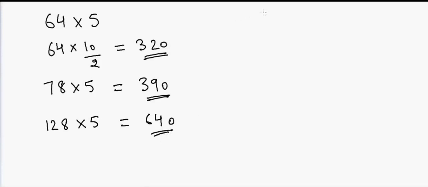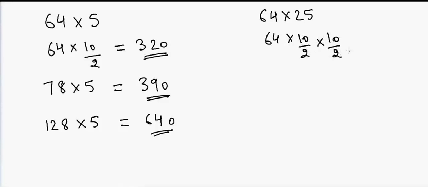Another trick is to multiply by 25. So if I have to multiply 64 by 25, then we can write this as 64 into 10 by 2 into 10 by 2. So we have to take half of 64 two times.